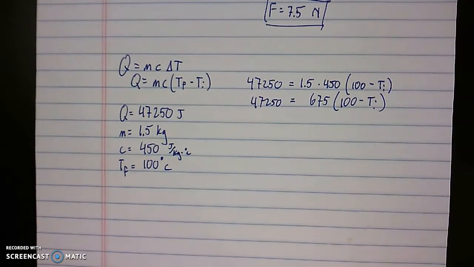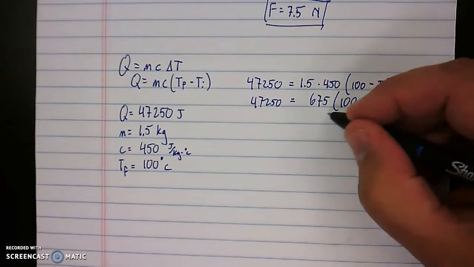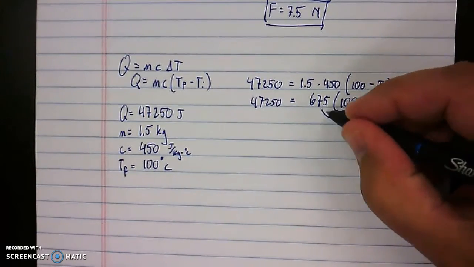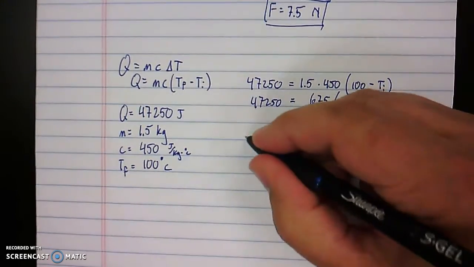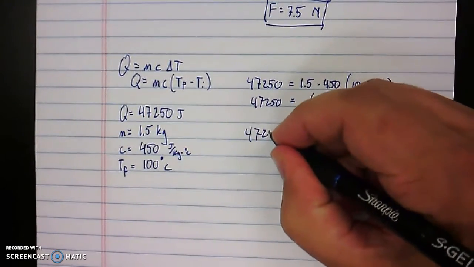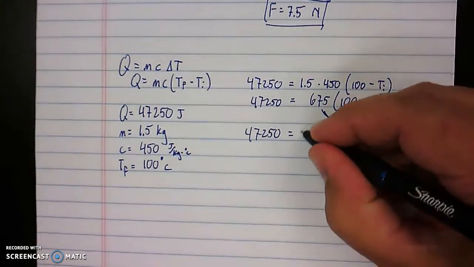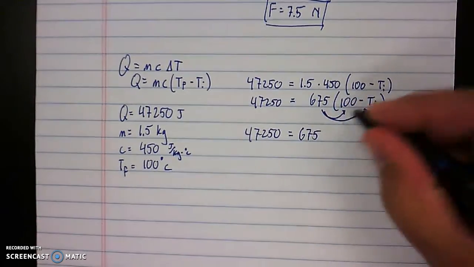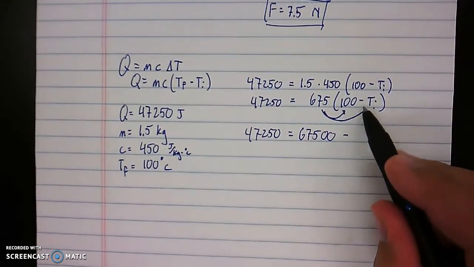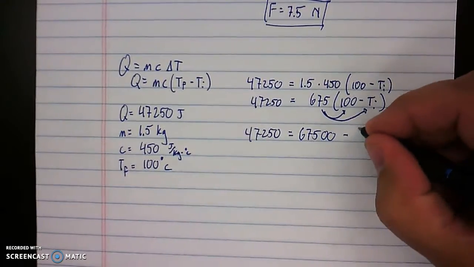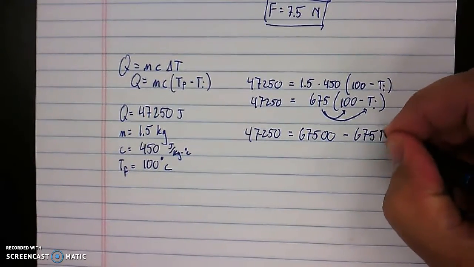Now we need to distribute. So the 675 is going to be multiplied by both parts of the expression inside the parentheses. And the fact that we made it 100 is going to make things significantly easier, but let's just complete the process. So it's going to be 47250 is equal to 675 times 100, which is 67500, minus, don't forget, don't lose that negative sign, minus 675 T initial.